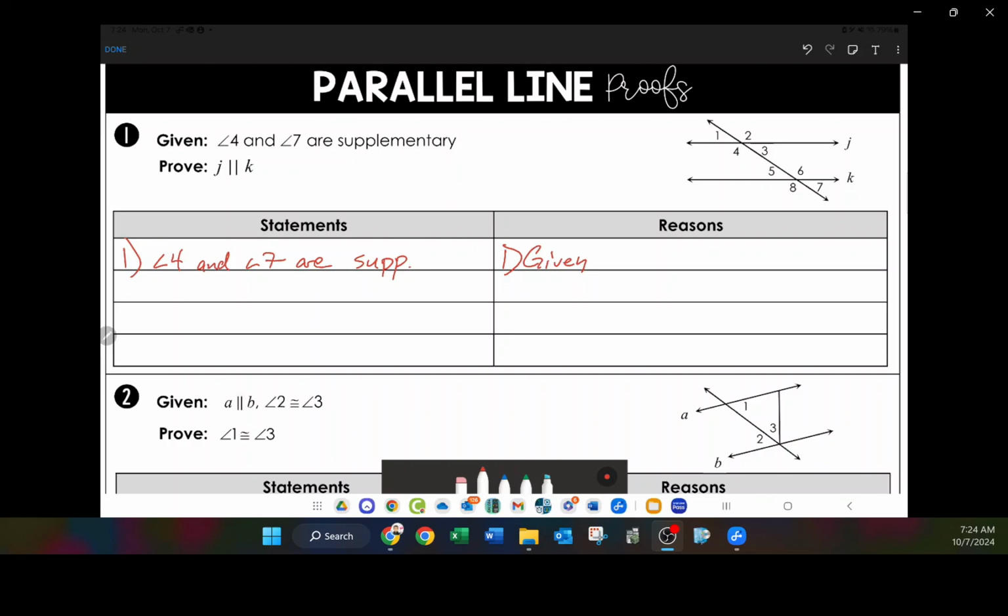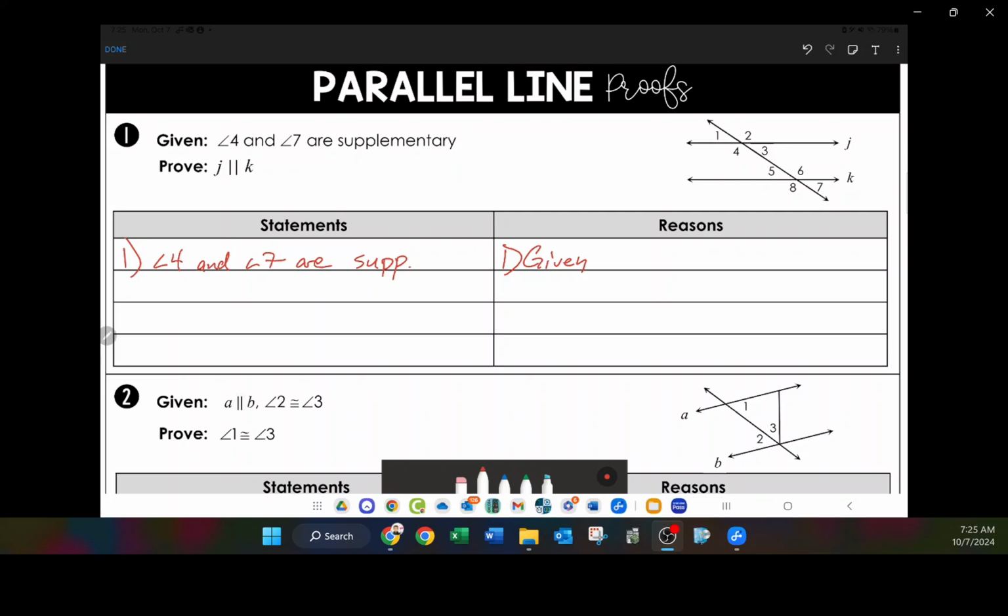Now, we are trying to prove that these two lines are parallel, which means we're going to use some of the concepts from 3.3, using the converse theorems: the corresponding angle converse theorem, the alternate interior angle converse theorem, the alternate exterior angle converse theorem, same side interior, same side exterior.